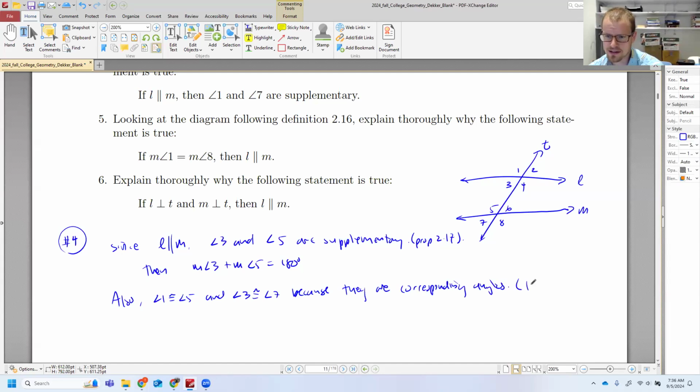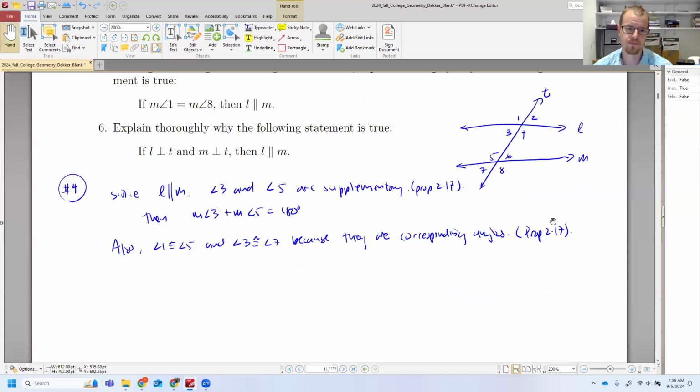And again, that's given to us by property 2.17. Fantastic. Corresponding angles are congruent. Since L and M are parallel, it gives us that those two things are congruent.